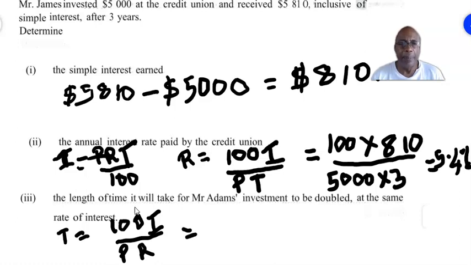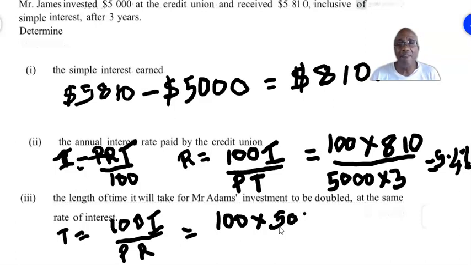So let's substitute what we have. 100. Now, what is the interest? We were told that the investment is doubled. Mr. James' original investment was $5,000. So because the investment is doubled, it means the interest is the same $5,000.